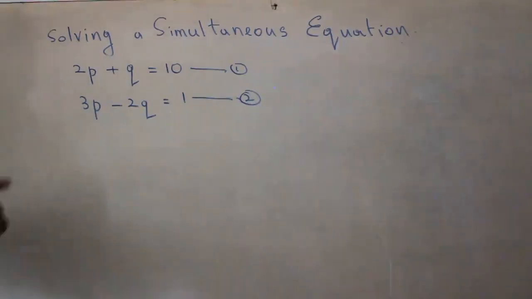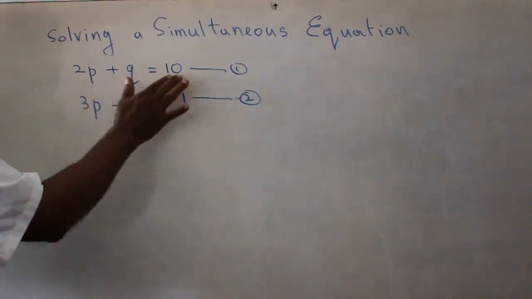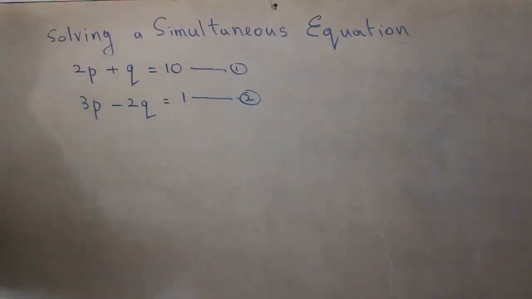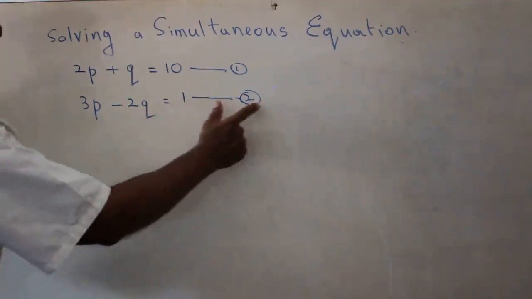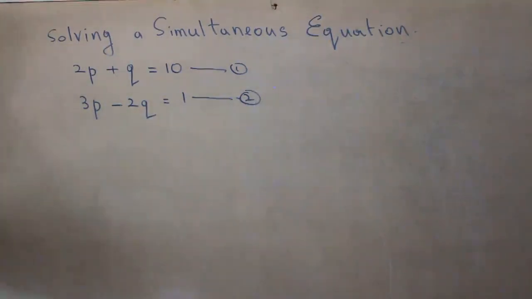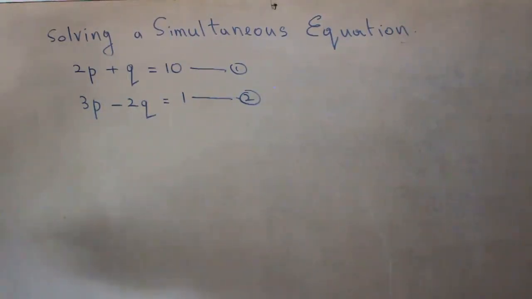Now we have written here 2p plus q is equal to 10, labeled as equation 1, and 3p minus 3q equals 1, labeled equation 2. If you observe this, what would you want to eliminate? Would you want to eliminate p or q?